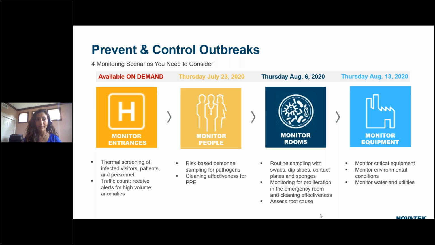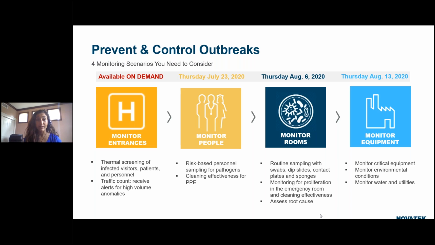I know I'm in Los Angeles, and LAX here now has thermal screening in their Tom Bradley terminal. So that's something we're seeing more and more, and the Novatek software will automatically link to that with little to no human interaction. So humans are really just being notified when those levels are reached, but there's a little work to be done on their end for that monitoring.